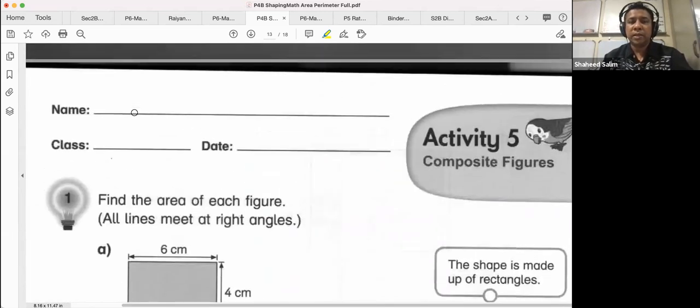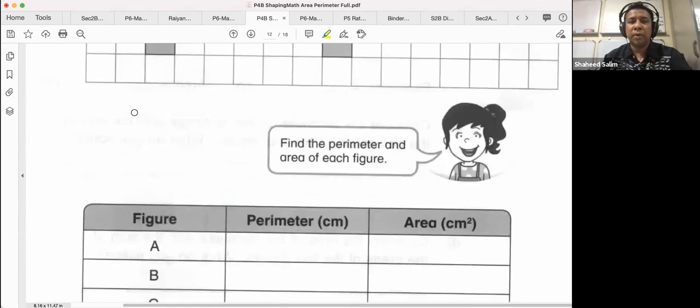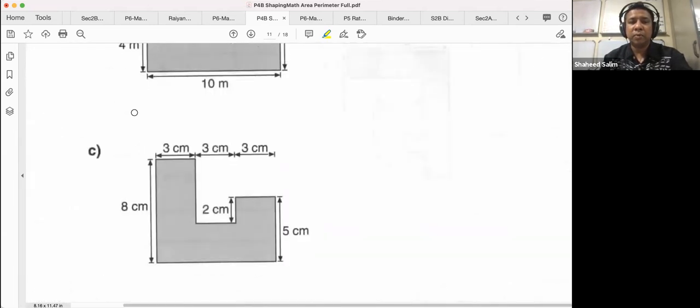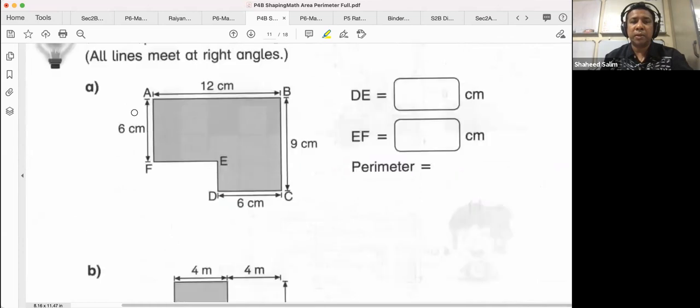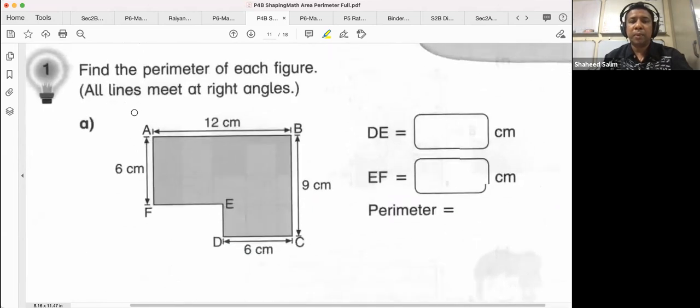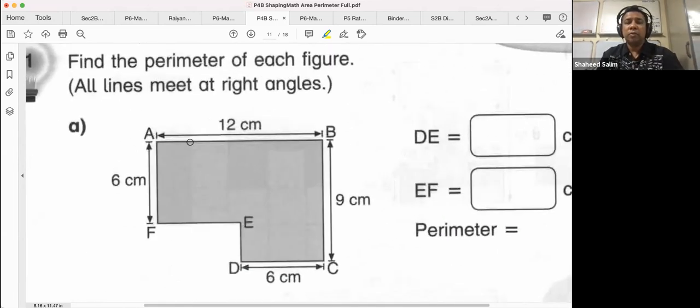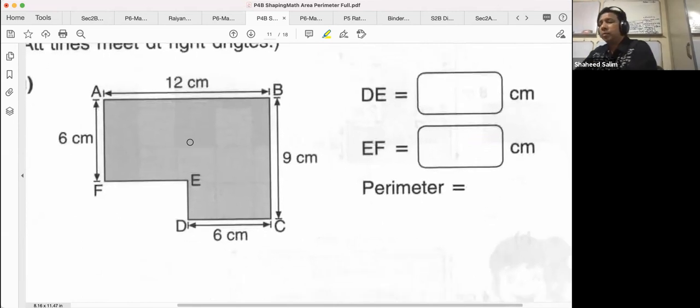Okay, this one is area, but we have perimeter. This one is perimeter. Can you try perimeter for this one, please? Okay. Come, Nelly, try next.